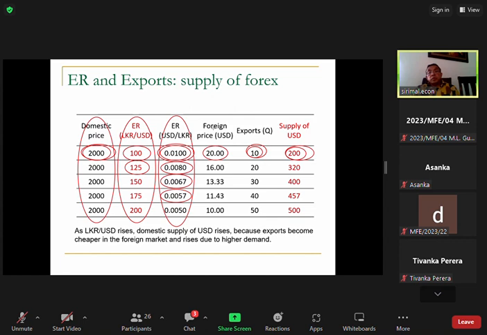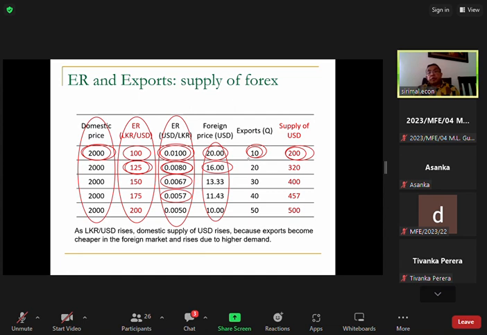Now, under this exchange rate, 125 a dollar, or 0.008 per rupee, the foreign price would be $16. What has happened? The foreign price has declined. And it declines further when the exchange rate depreciates further and further.